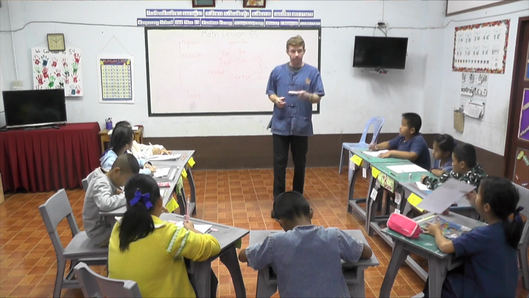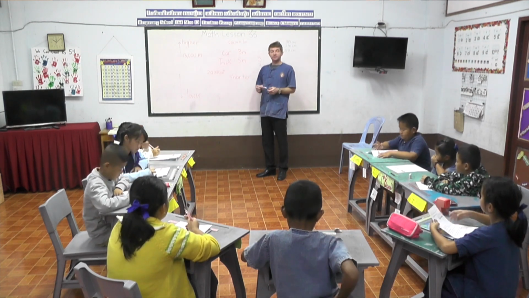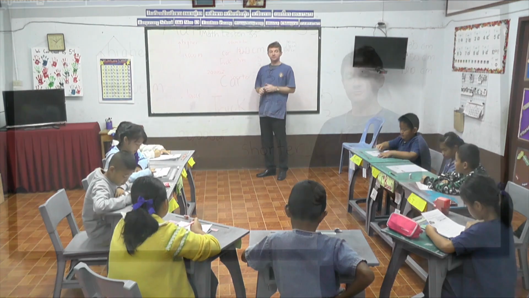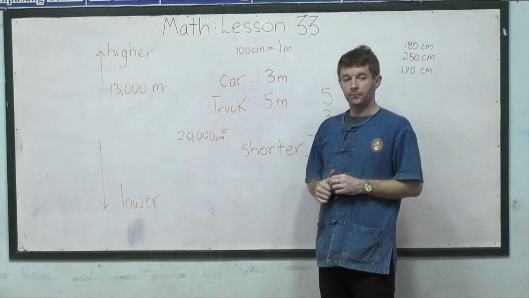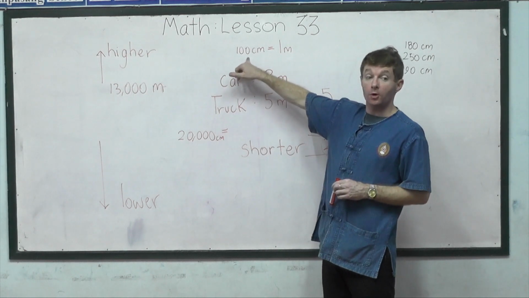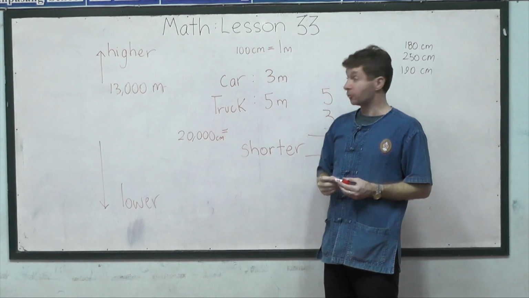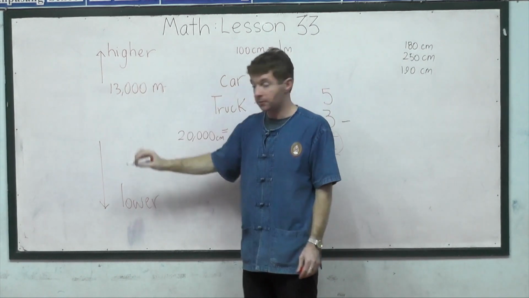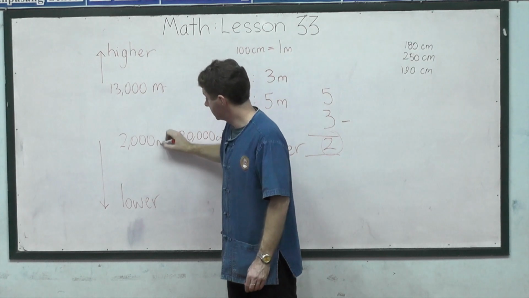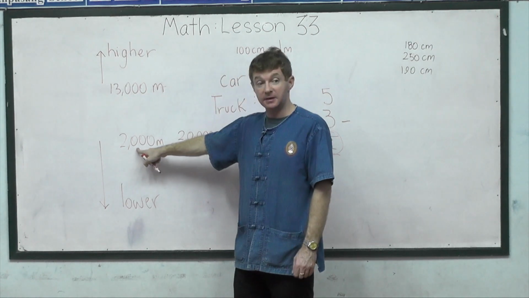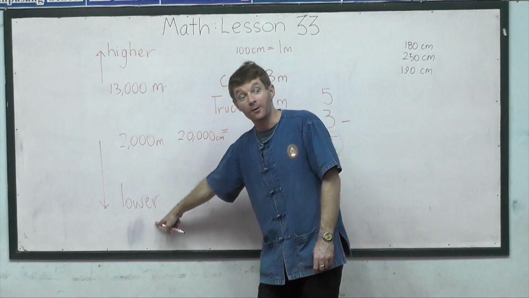Okay, so 20,000 centimeters. How many meters? We have 100 centimeters is 1 meter, yeah? 200 meters. So, 200 meters is lower.